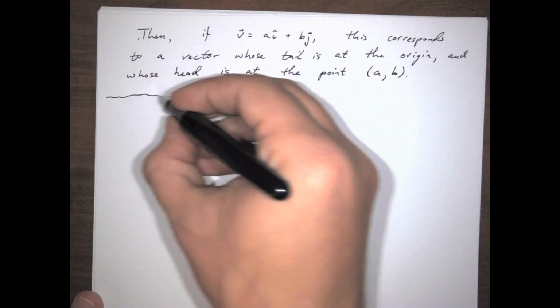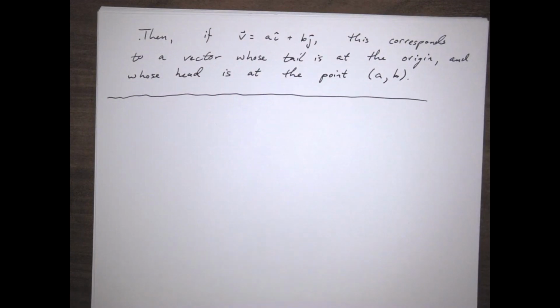Now, what this means is we can express vectors in this sort of a format by giving them the x-coordinate and the y-coordinate essentially of where they end up, or we can express them in a more polar form.